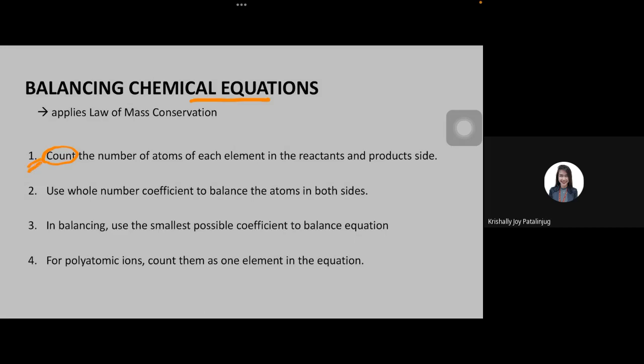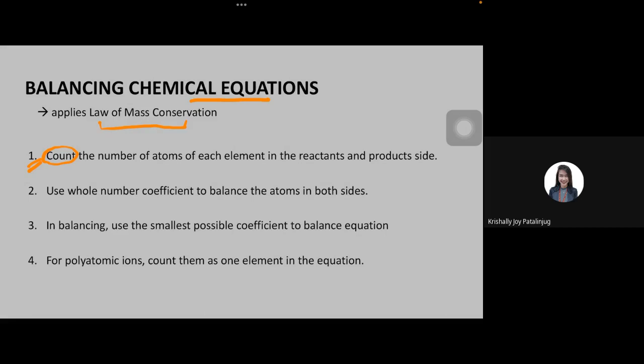First, by the way, why is it important to balance chemical equation? This actually applies the fundamental law in chemistry, the one we discussed in part of our lesson one, yung law of conservation of mass. You remember when you say law of conservation of mass, the mass before and after the chemical reaction remains the same.